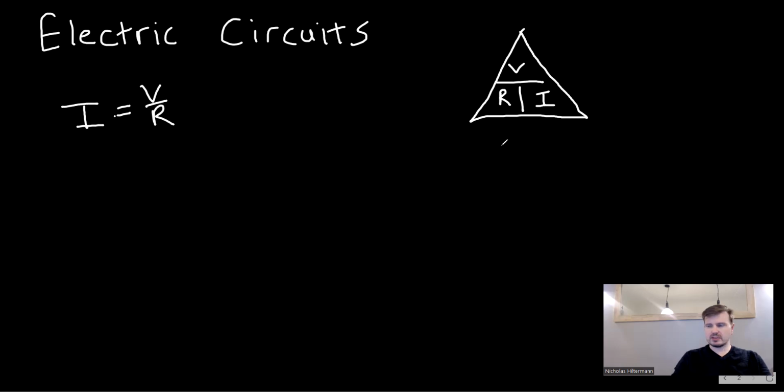Now, this just depends on how you guys get taught it. But the current in a circuit, now, what happens to the current of the volts? Well, big volts, big current, right? Because they're both on the top.